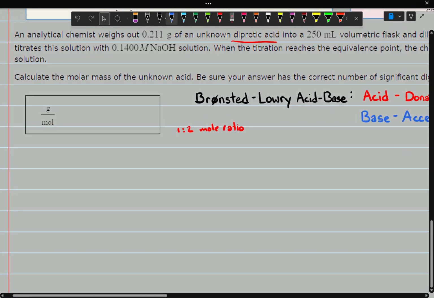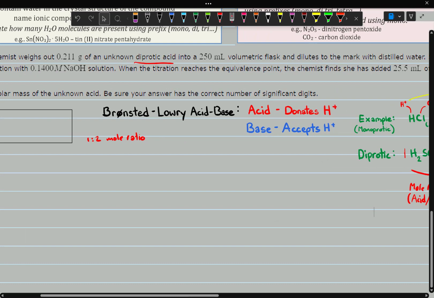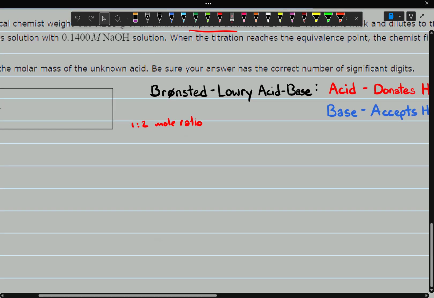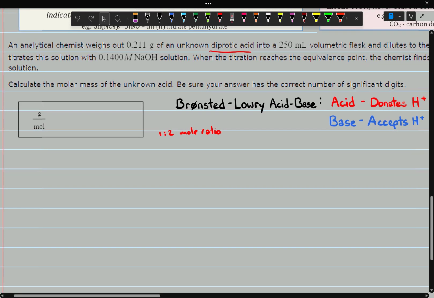So, since we know that for every 1 mole of acid, we use up 2 moles of NaOH, it would be useful to know how many moles of NaOH we've used to titrate.